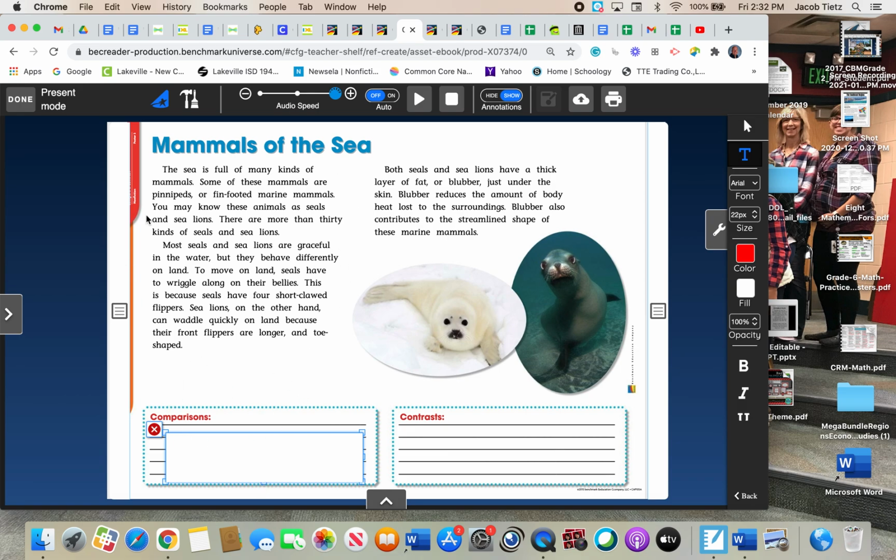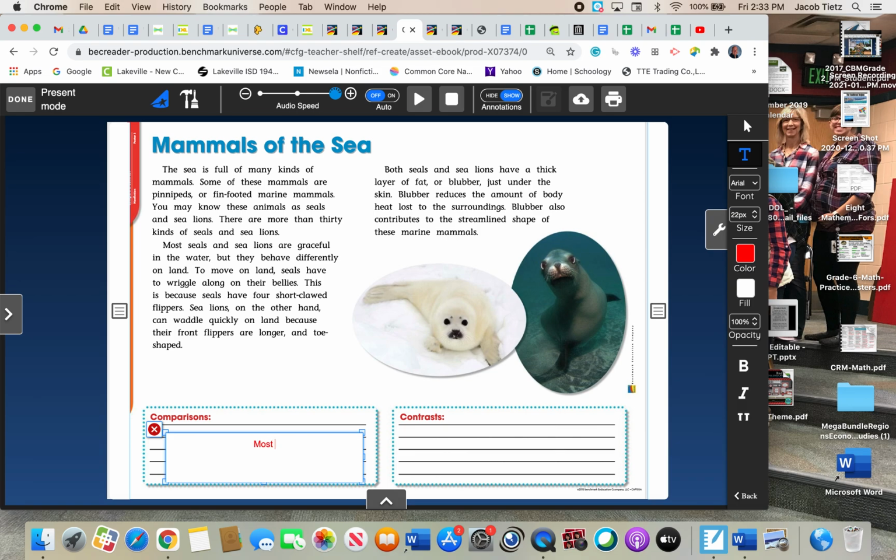Okay, so comparisons. As I was reading this, one word that stuck out to me was most. Most is one of our compare signal words. What does it say? Most seals and sea lions are graceful in the water. That's a comparison. That's how they are similar.